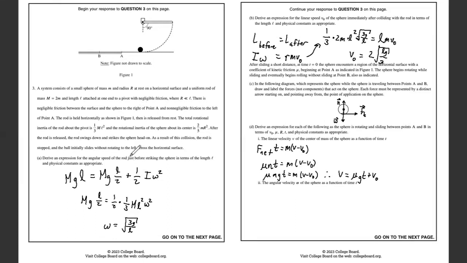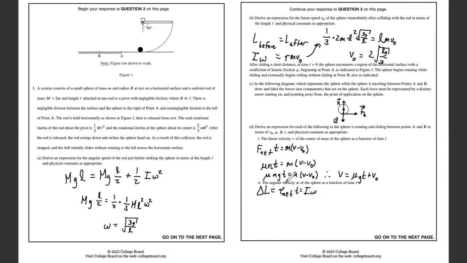Well, we can say that the sphere is going to be rotating around the center. So we could now say that delta L, the change in angular momentum, which is equal to net torque times time about the center, is going to equal the inertia of the sphere times the angular velocity. The initial angular velocity is 0, so it's just going to be omega minus 0, or I times omega, right?